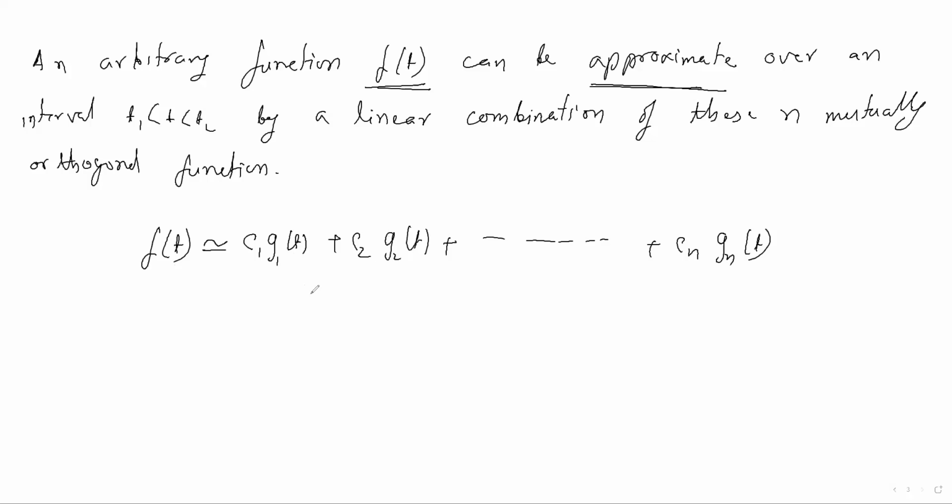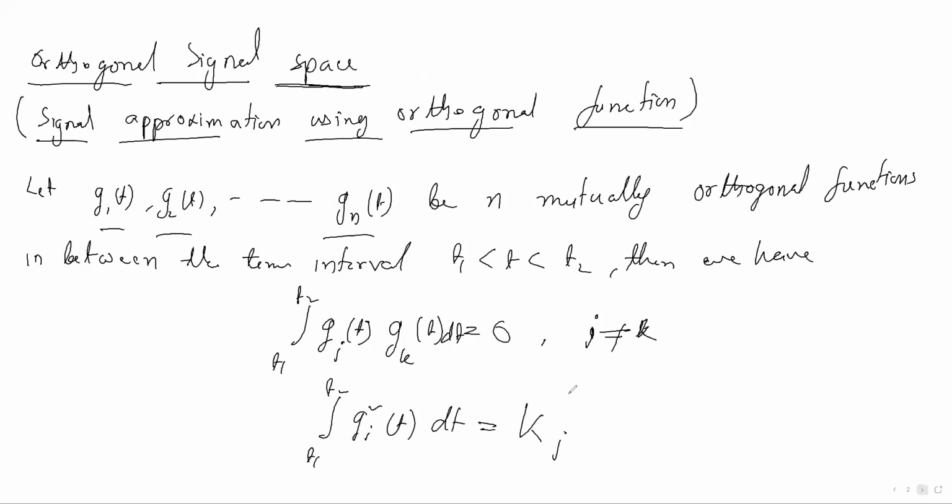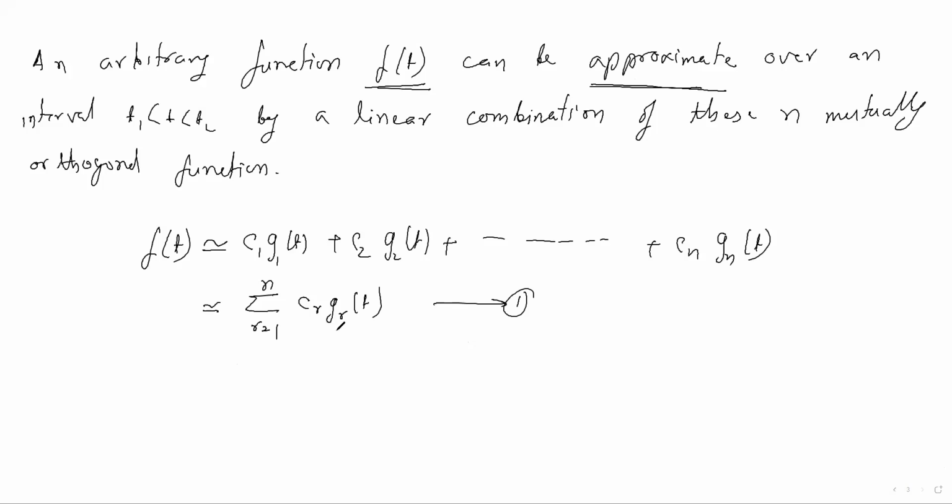So we can write this like that also: summation r equal to 1 to n of cr gr(t). This is one equation. I have given 5 steps initially. These 5 steps we will follow to derive the coefficient values.